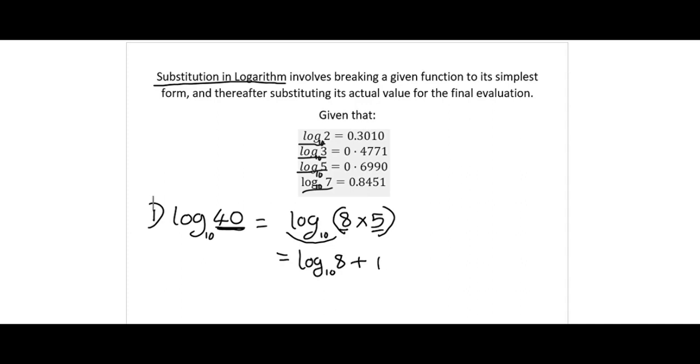This is a rule in logarithm that tells us that when you have the log of two numbers being multiplied, it is the same thing as the logarithms of each of those numbers being added together.